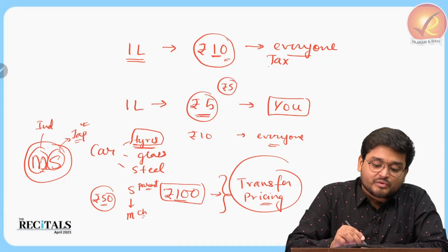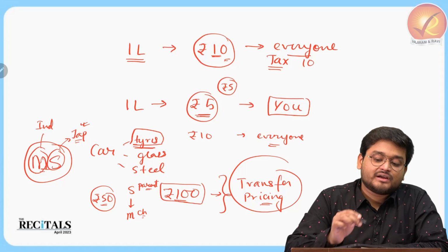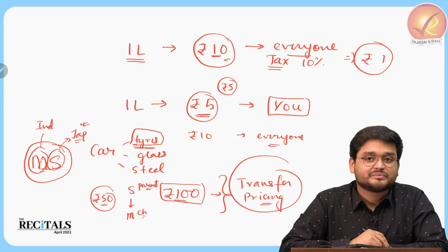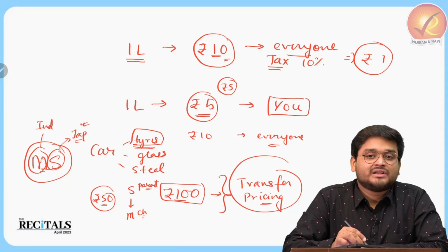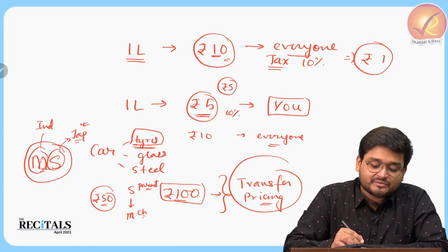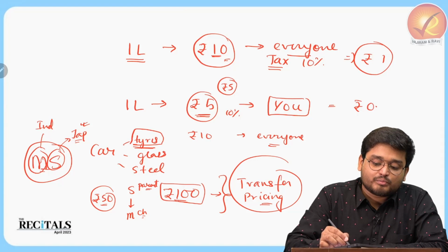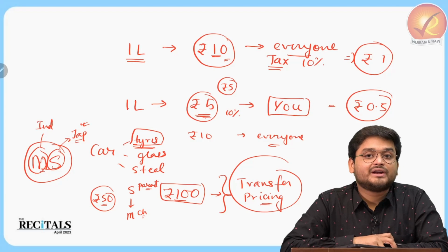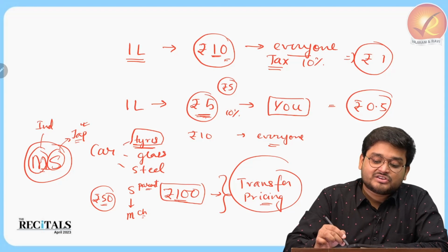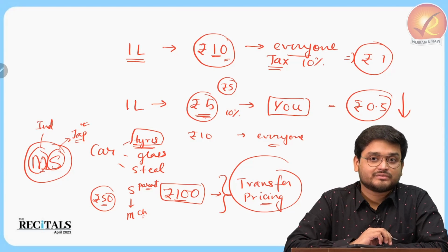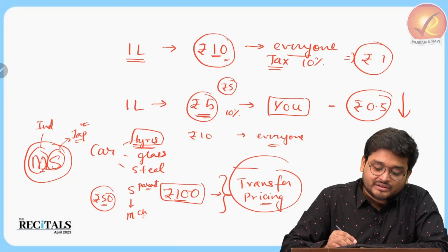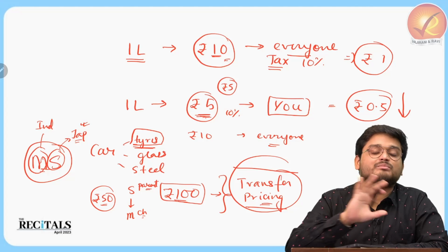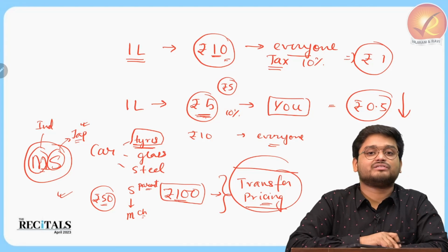So if my tax rate is say 10%, I need to pay 1 rupee of tax here. Now say my mother is also paying tax at 10%, but she is paying 0.5 rupees. That means when she sold the lemonade at low prices, she is paying low taxes. Now in this transfer pricing, the governments actually lose huge amounts on this particular practice.